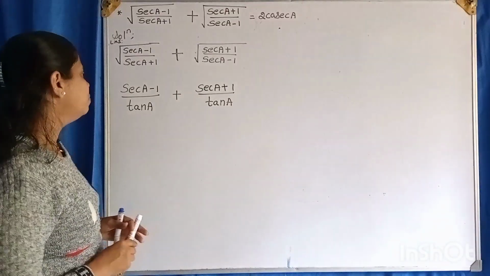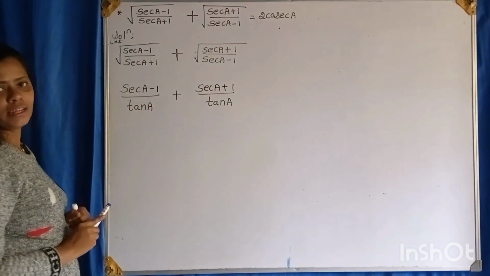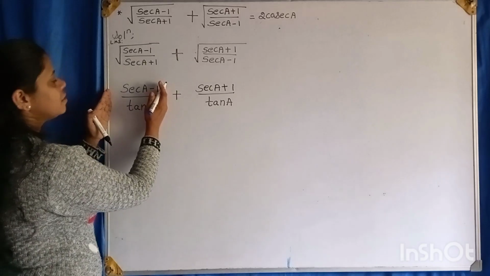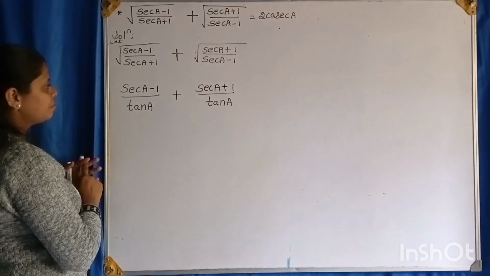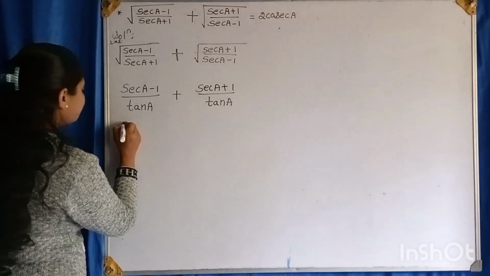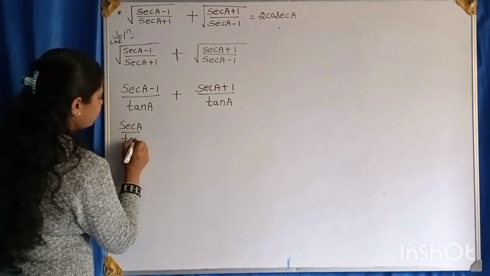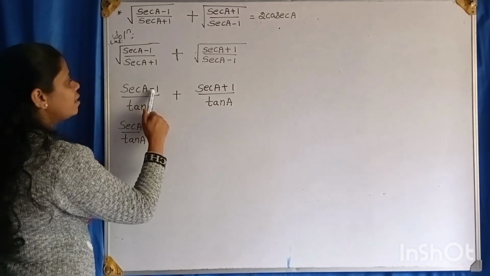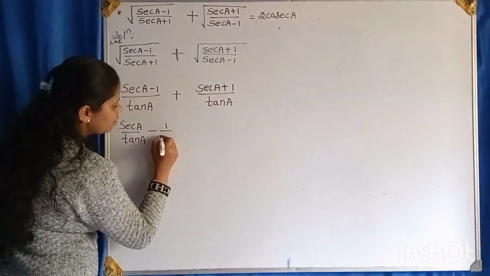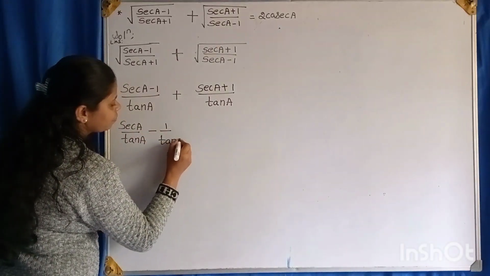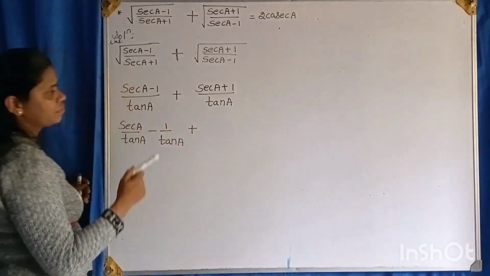Now look at the problem. Secant A minus 1 divided by tan A, I can split this, isn't it? And I can write it as secant A by tan A minus 1 by tan A. For this plus, I will write plus.